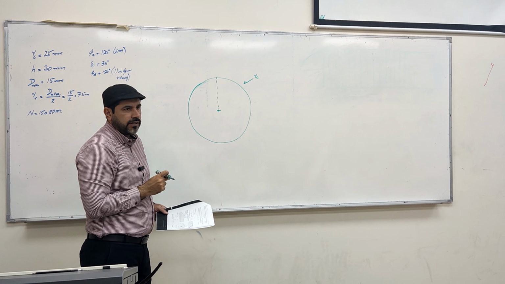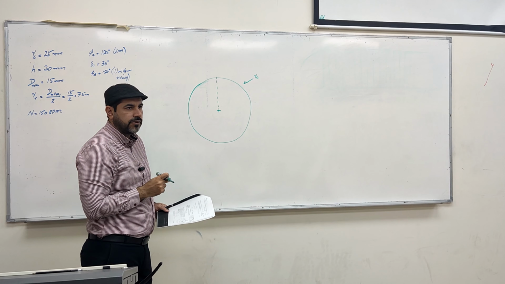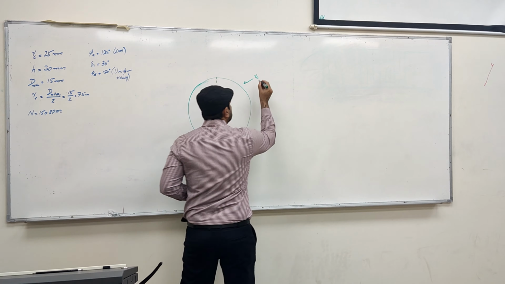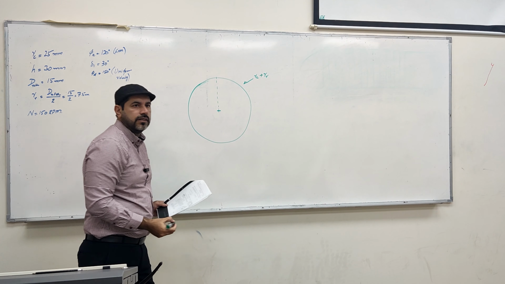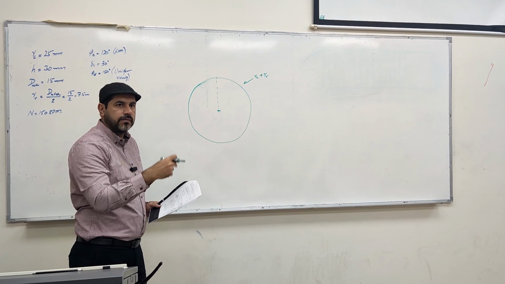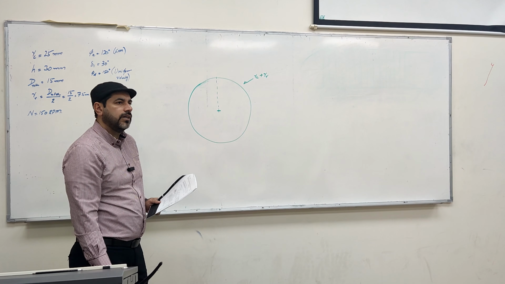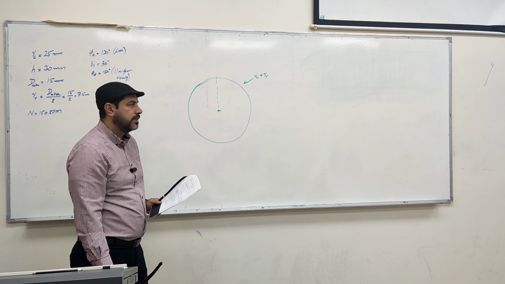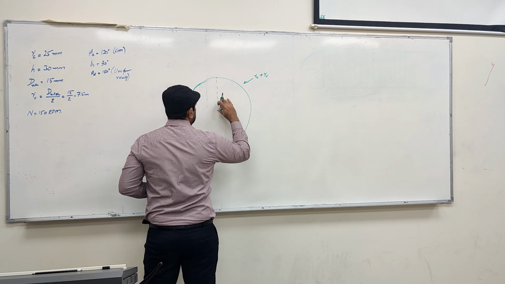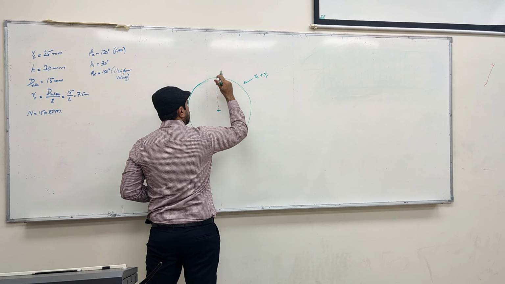But since there is a roller involved over here, we have to draw RC plus R, minimum radius plus roller radius. Once we draw it, it's a minimum radius plus roller radius.